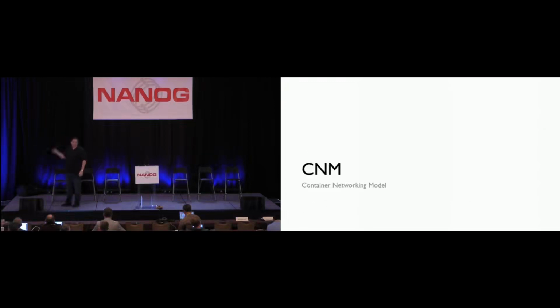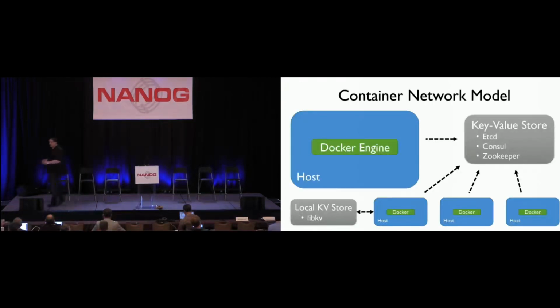CNM, that's my favorite, so I'm a little bit biased. In CNM, it works with a very important caveat. With CNI, the orchestrator knows the entire topology of where the containers are, what kind of IP addresses they use, what's configured on them, et cetera. In the container networking model, Docker acts as an agent.